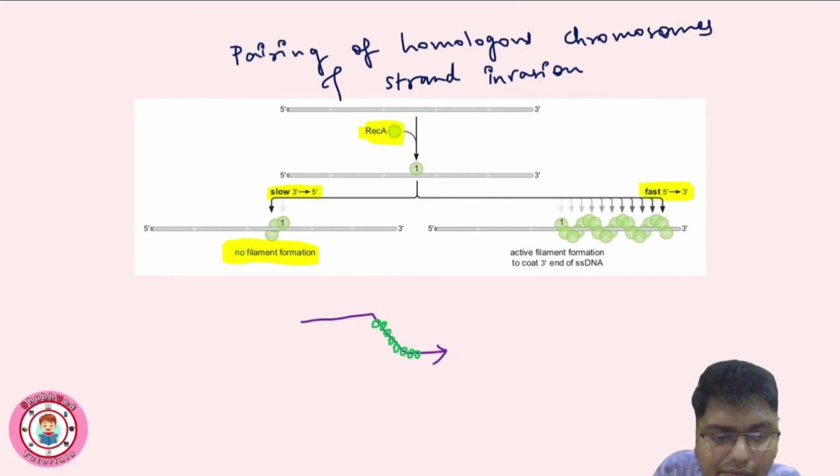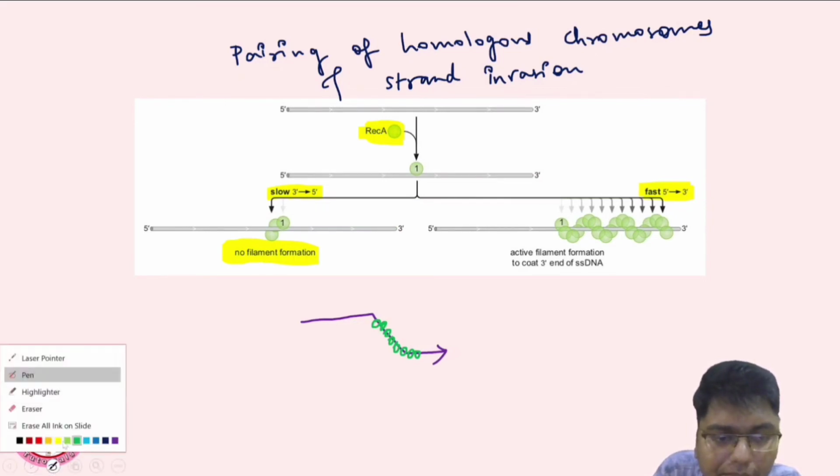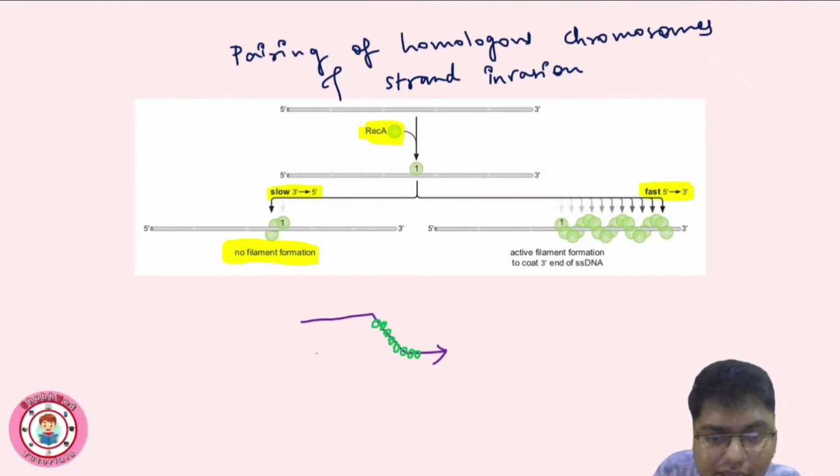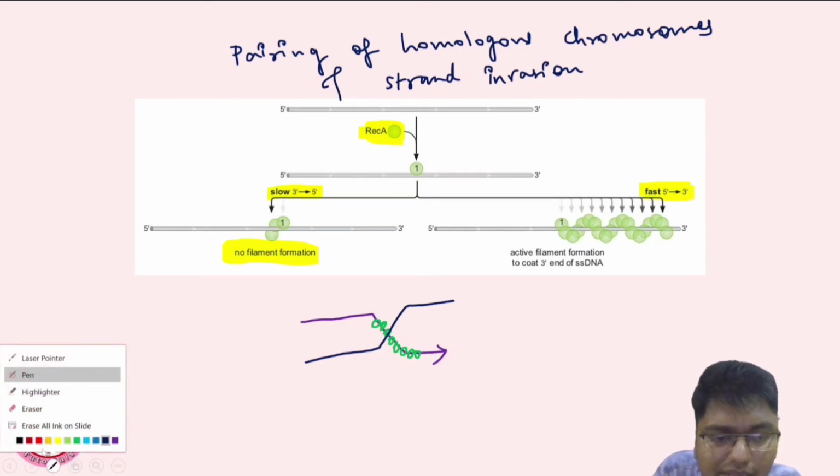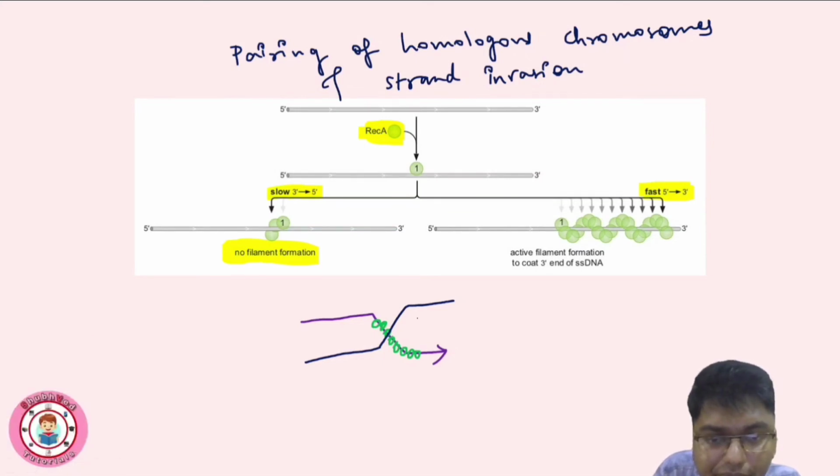Same here. The other strand will be going upwards. Right? So this is known as the Holliday junction formation having taken place. What is this Holliday junction?